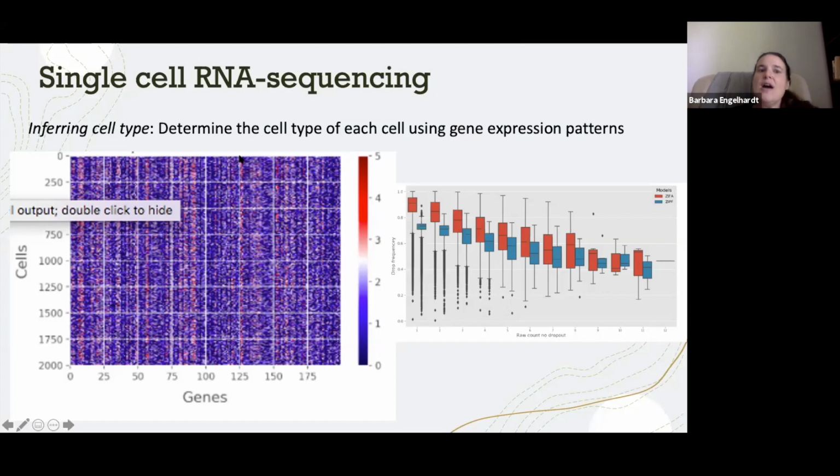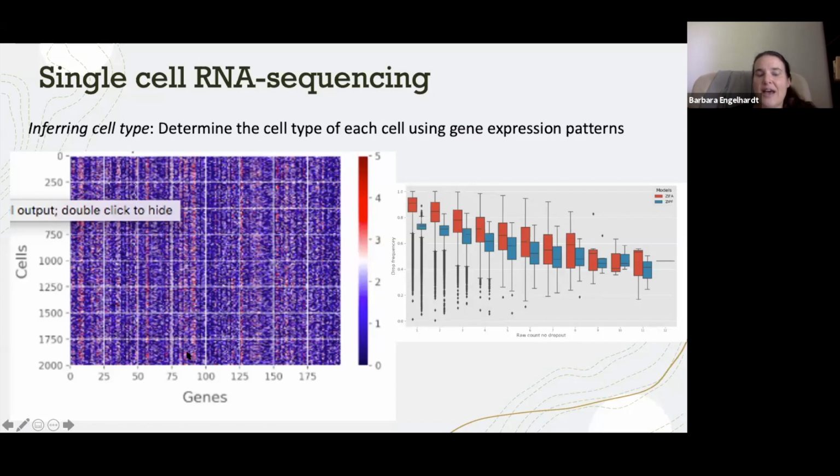What we get, though, is a count of the number of fragments of RNA that map to particular genes. And when we only sequence a handful of those fragments, even if we sequence 10,000 or 100,000 fragments, there are a lot of genes whose RNA is not represented well in that cell that simply won't be sampled, because this is a multinomial sample. And so you see all this blue here represents basically zeros in the data.